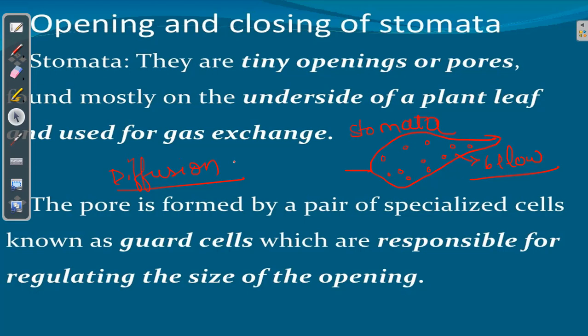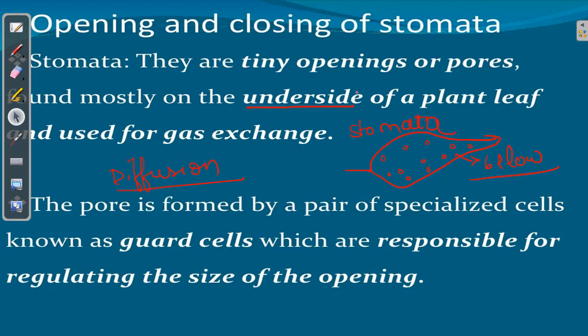Okay, so that is by the process of diffusion. So who is allowing carbon dioxide to enter and oxygen to go out of the plant? It is the small opening present on the plant, the stomata, on the underside, please remember that also. And it is basically used only for gaseous exchange.